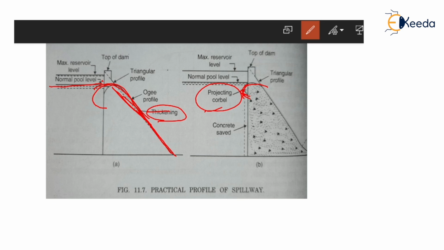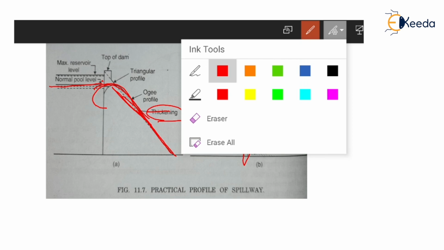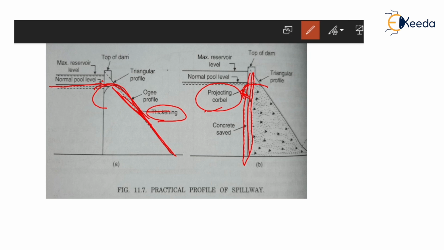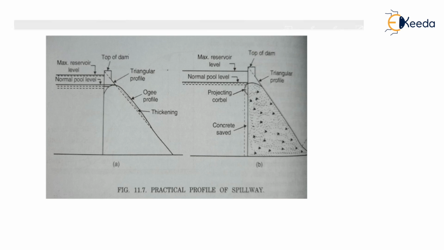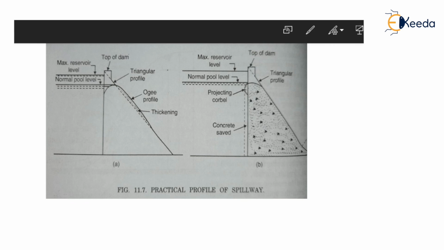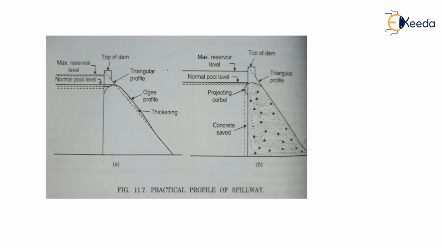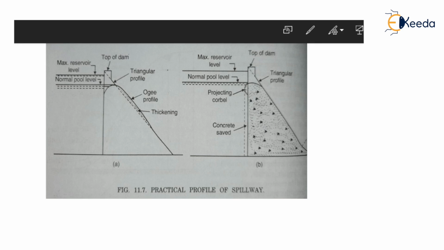So because of this corbel, this part will give support to this vertical section of the dam and vertical section of the spillway. So no need to give any concreting for such a vertical section. So now we are saving the quantity of concrete that would be required for this section. Here you can see the concrete saved for this particular area. Corbel has been given. This thickening part will be stretching over the upstream side.